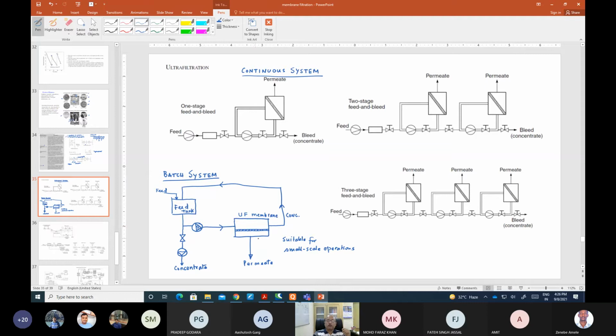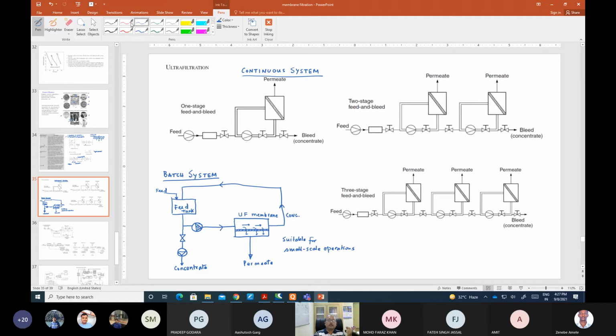Whatever it can be, the way I have drawn it, you can see that this is a cross flow membrane, because the flow will pass over like this, and some of the flow will convert into the permeate, and this will be collected like this and taken out. Whatever is not permeating goes into a loop, comes back to the feed tank, and again it is run like this.